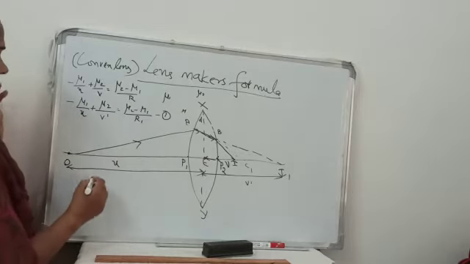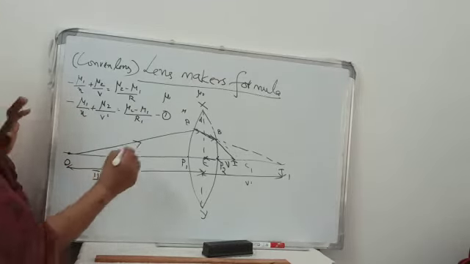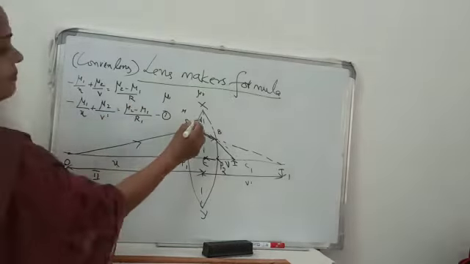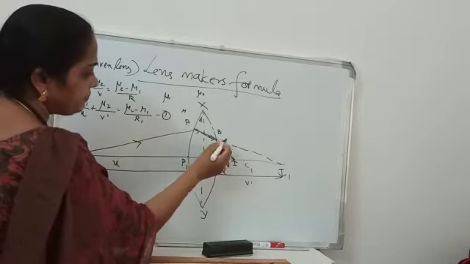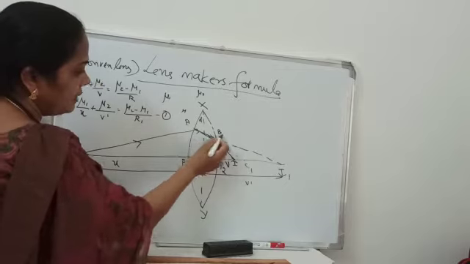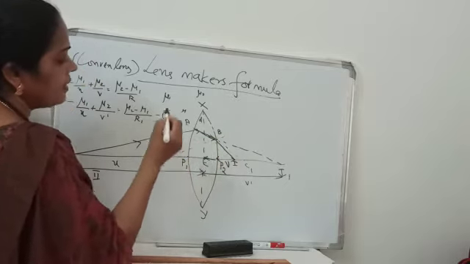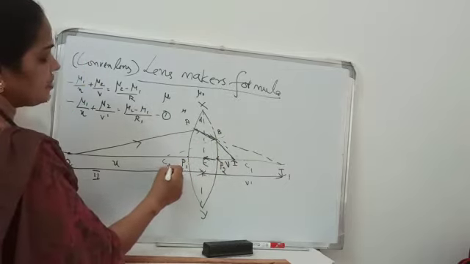For the second surface, the light is coming from denser to rarer. So, this is denser, this is rarer. When we drop a normal, you can see that this will be the normal at this point, and this is C2.